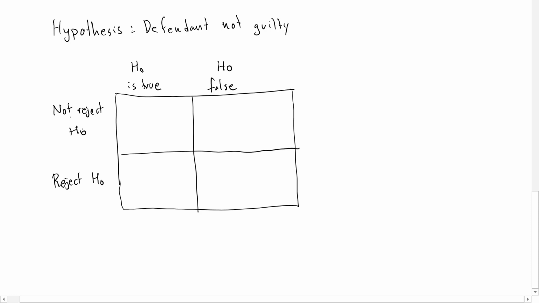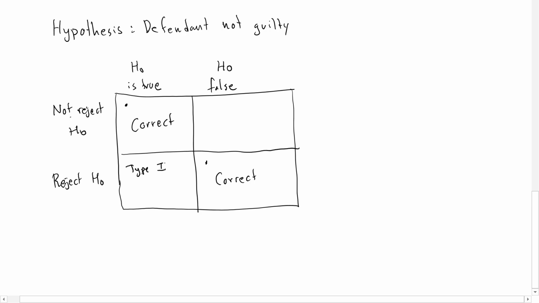If H0 is true and we do not reject it, then this is correct. This is okay. If H0 is false and we reject it, this is also correct. This case here would be not convicting an innocent defendant, and this case down here would be convicting a guilty defendant. This one is the biggest problem.